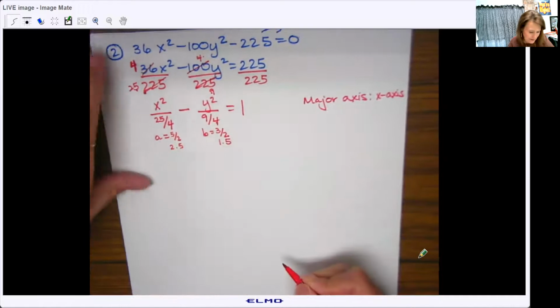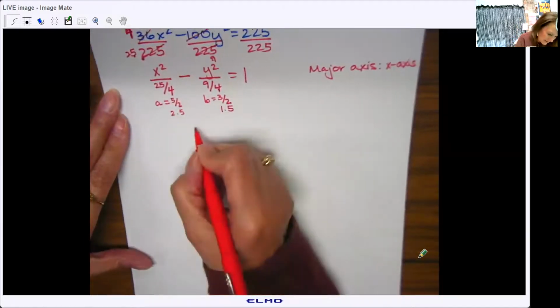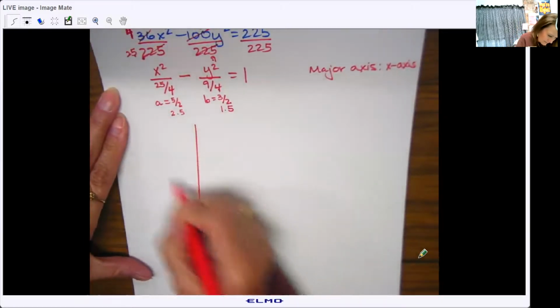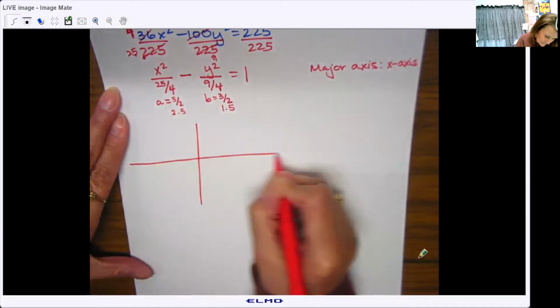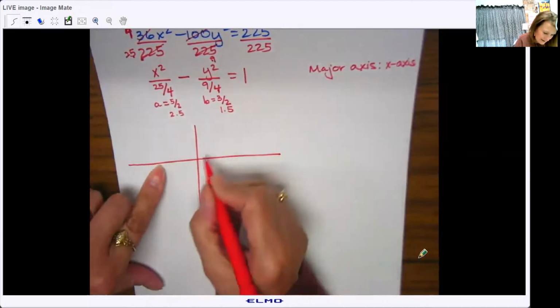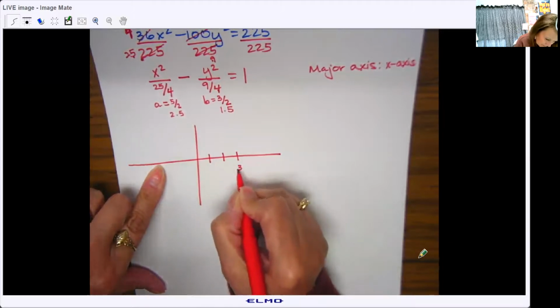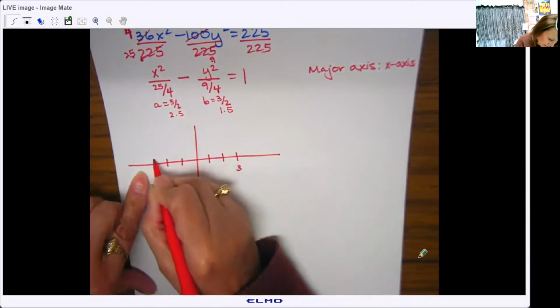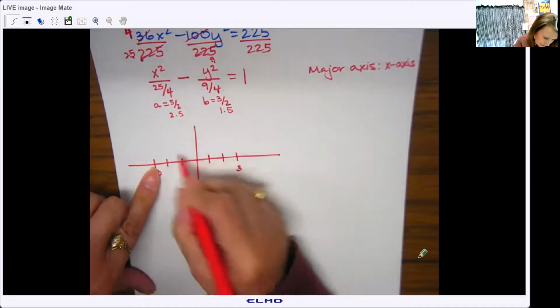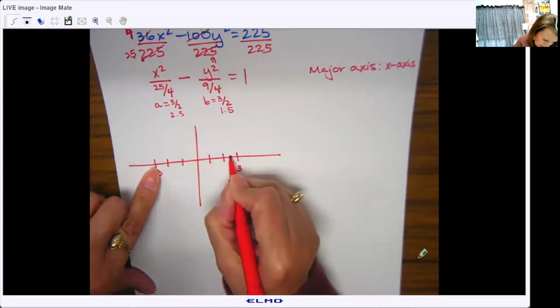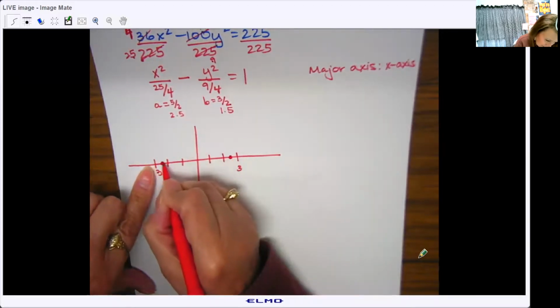Okay, so let's see if we can sketch this thing. I think we have enough information to sketch it. Major axis is the x-axis. 2.5 is A, and -2.5.